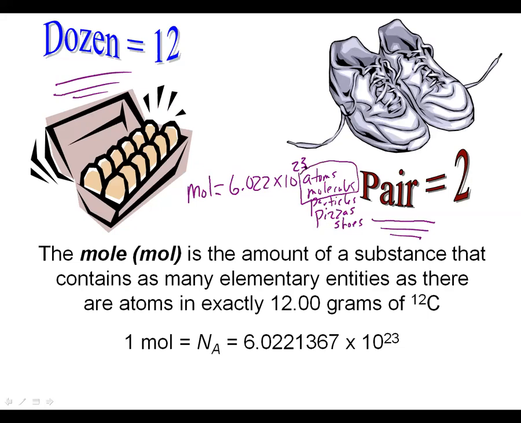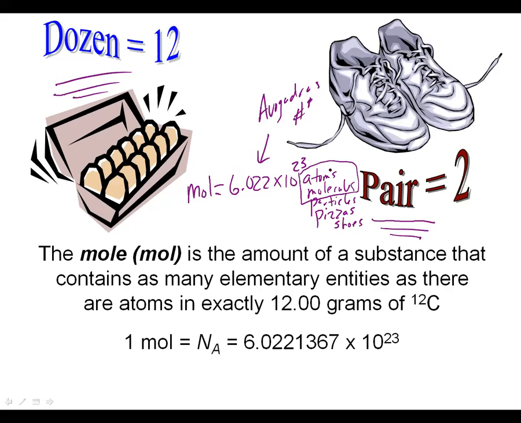And we represent a mole as that 6.022 times 10 to the 23. That again is what is known as Avogadro's number. And we essentially will use it as a conversion factor.